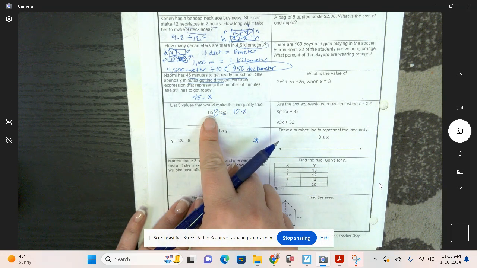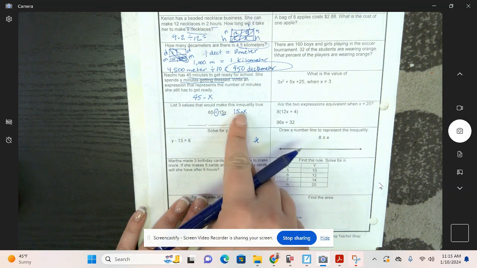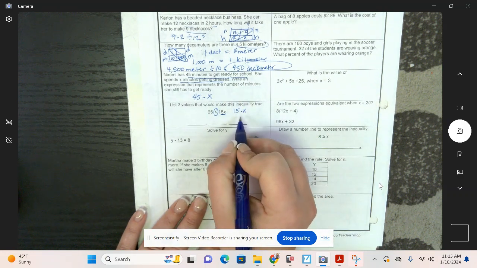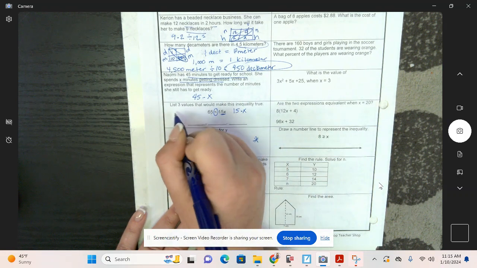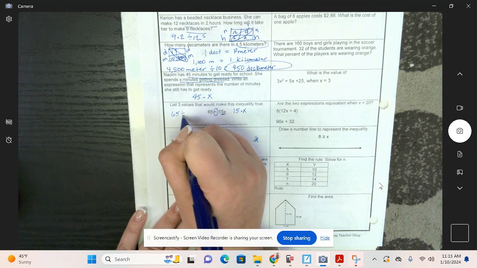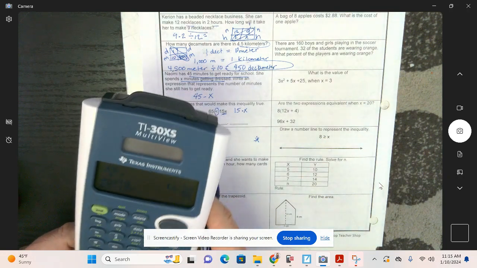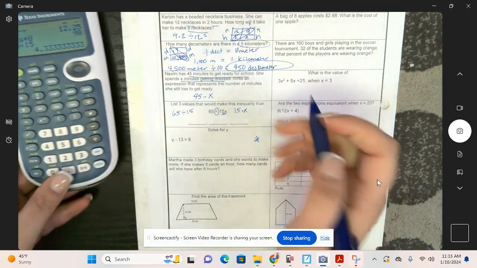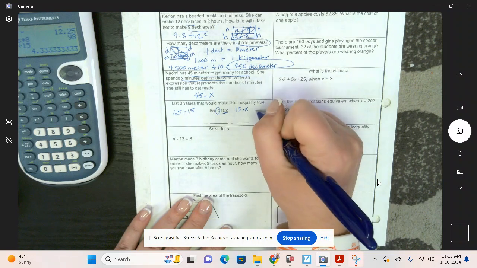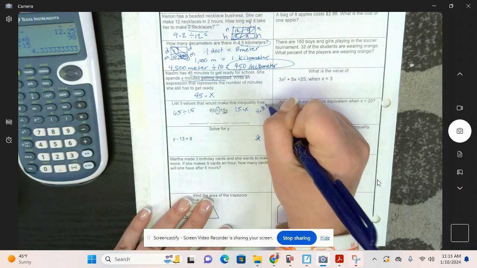To figure out the smallest number possible we could use, we use division. If I take 65 and divide it by 15, I'm going to get 4.33333.